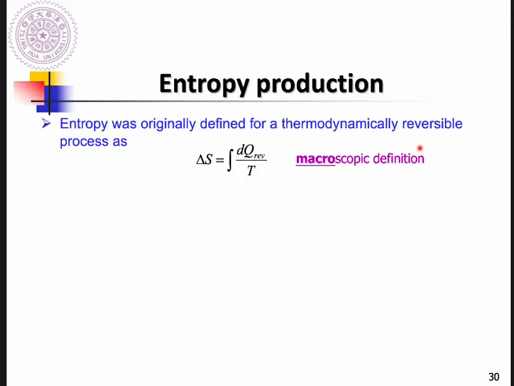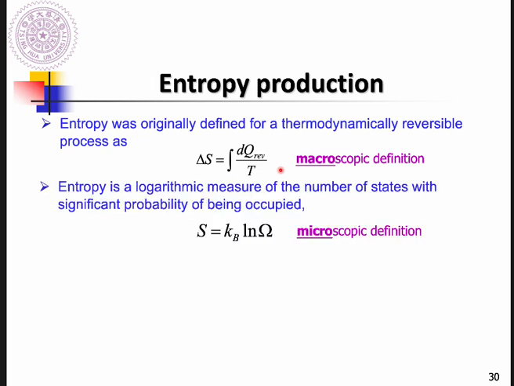But this is for a reversible process. Furthermore, entropy can also be expressed as the Boltzmann constant times the log of omega. Omega is the total number of combinations of all the different kinds of atoms.